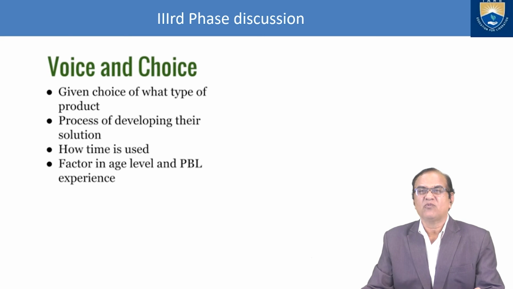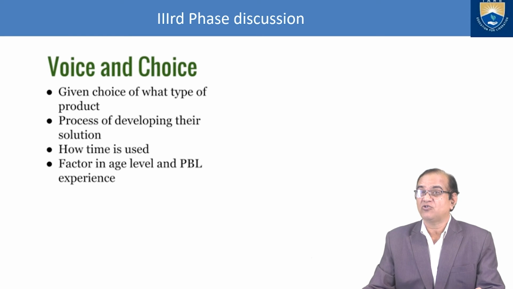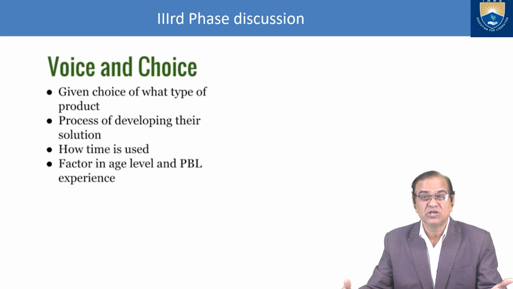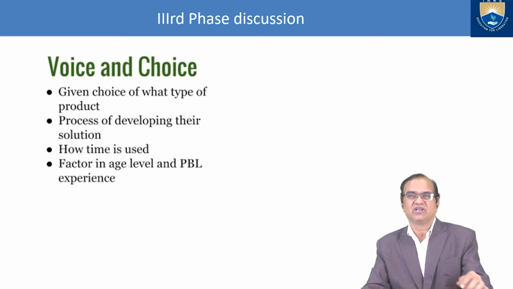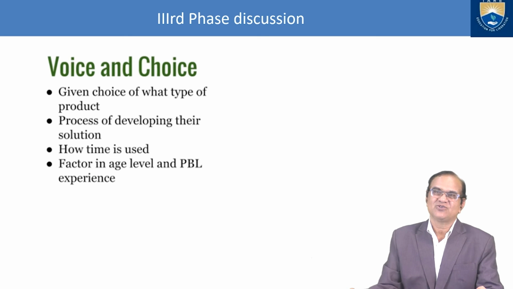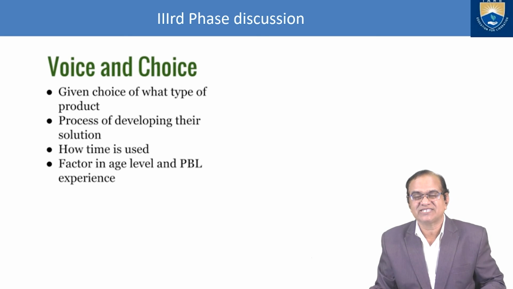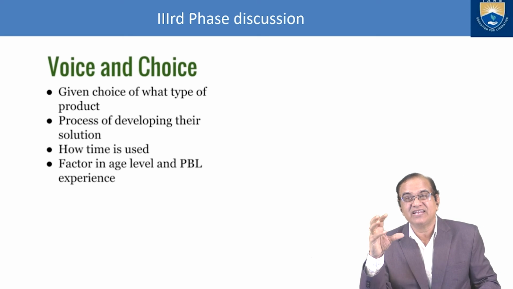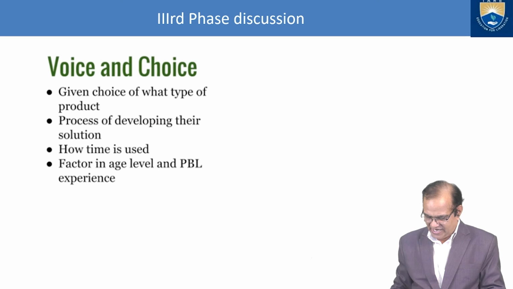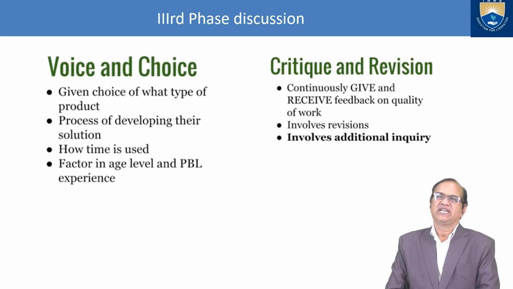Given the choices of what type of product we have to make, different choices you have to make, process of developing their solutions, how time is used, how much time it is using for finding the solution, factor in age level and PBL experience. So we also have to understand what type of students are there and how much PBL, project-based learning experience you have. That type of thoughts you have to develop.